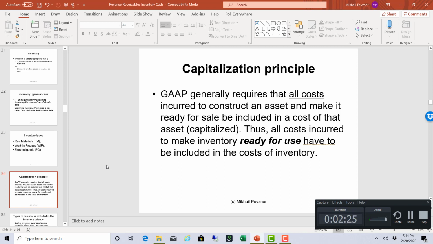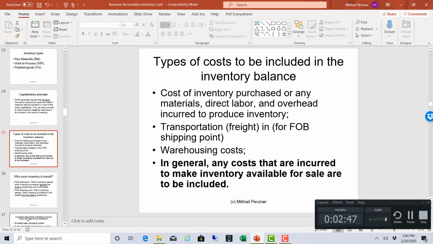It needs to be included in the cost of the asset. So all costs incurred to make inventory ready for use have to be included in the cost of inventory. For example, freight. If you have to transport inventory to the warehouse to make it available for sale, the cost of transportation, the freight of inventory, has to be included in inventory cost.